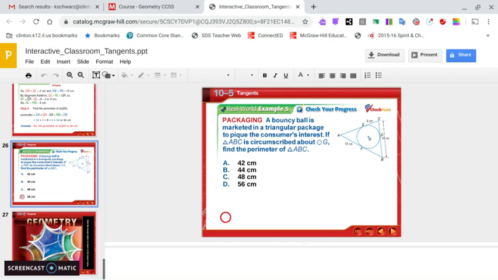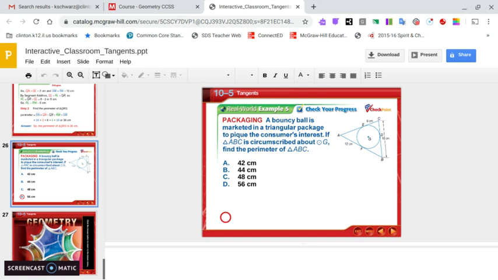And if C to D is 6, and that number is 18, then that means this piece right here is 13. We take 18 minus 6. Sorry, it's 12. So C to B is 12. That also means that B to F is 12. And if A to F is 12, then A to B is also 12.